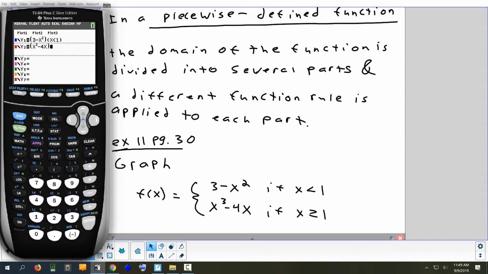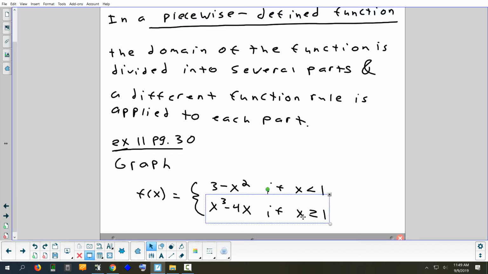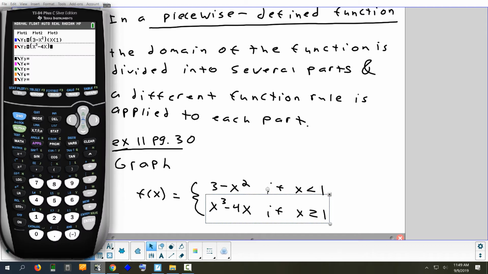I only want to draw that part when the x value is bigger than or equal to 1. So next to your graph, put a parenthesis, put in an x, and then second math. That's how you get to the inequality. And this time you want greater than or equal, which is number 4 on mine.